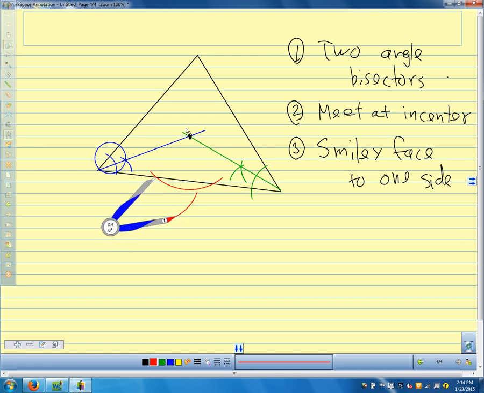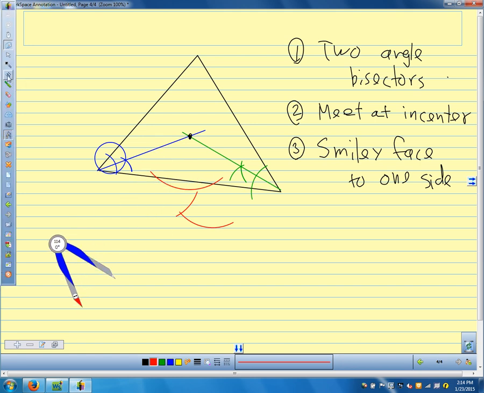Make an arc down here because I'm going to go through that point. Move the compass to the other side. Make an arc there. And then connect those. So there's the bisector, perpendicular bisector. The radius is from the center to the side.